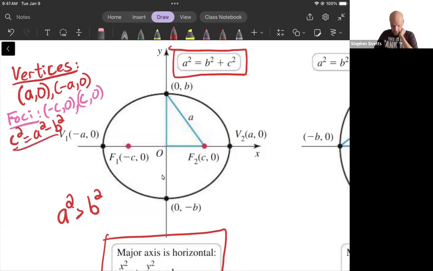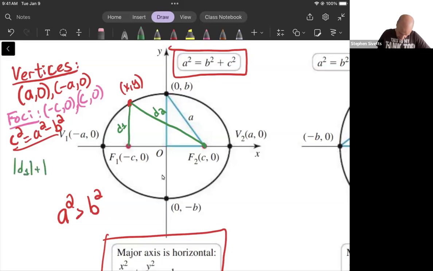And then what's special about an ellipse is that if I pick any point on the boundary of the ellipse, let's say here, the distance from this point to one focus plus the distance from that point to the other focus, I'll call this D1 plus D2, in absolute value, equals a constant.